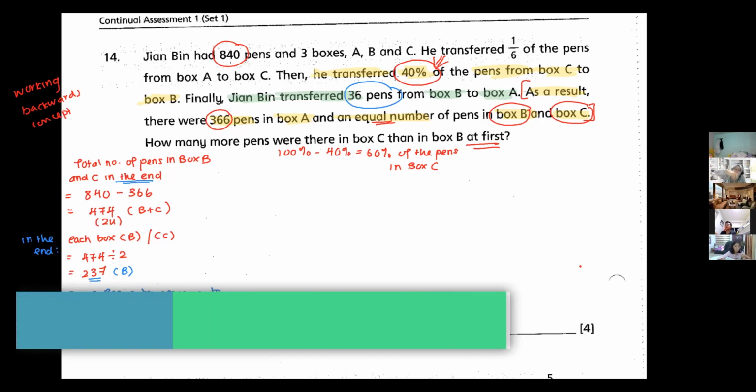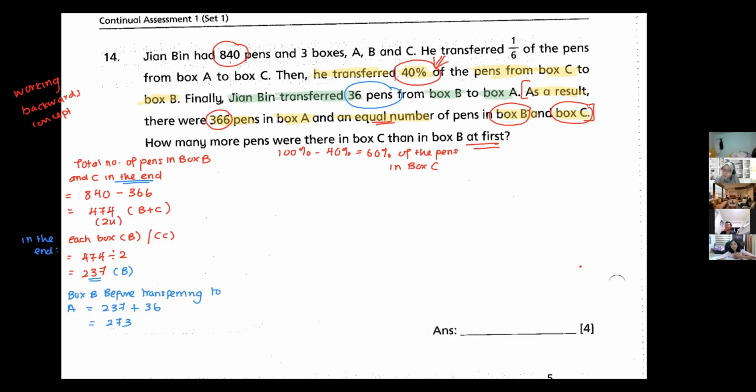When I take out 40% from box C, I have a balance of only 60%, and that 60% is actually 237. Where do I get 237 from? Remember this one?